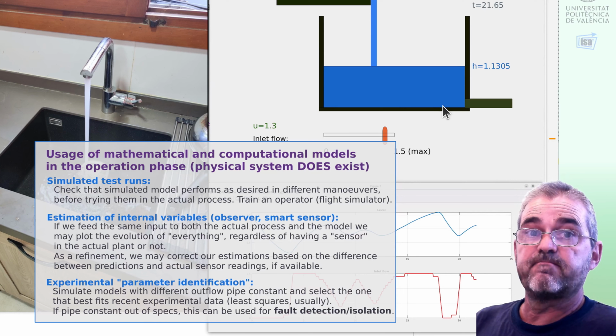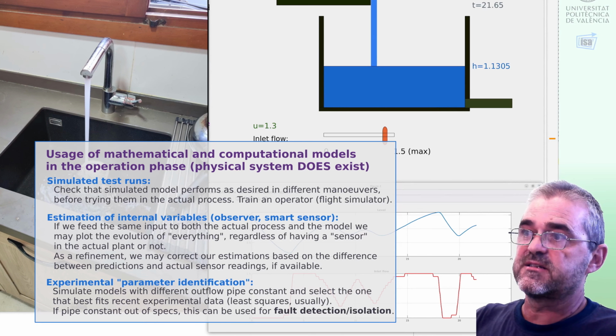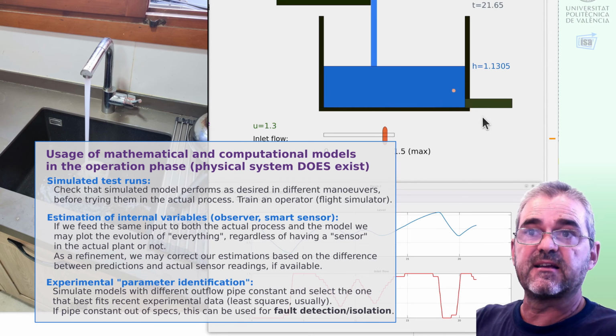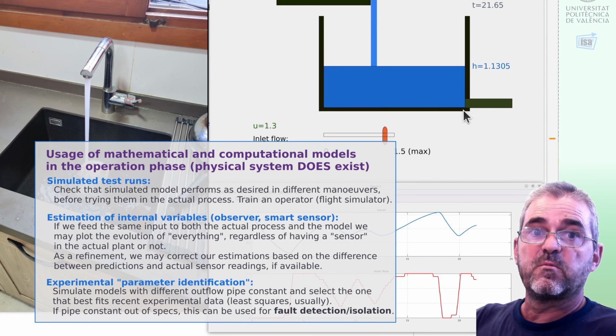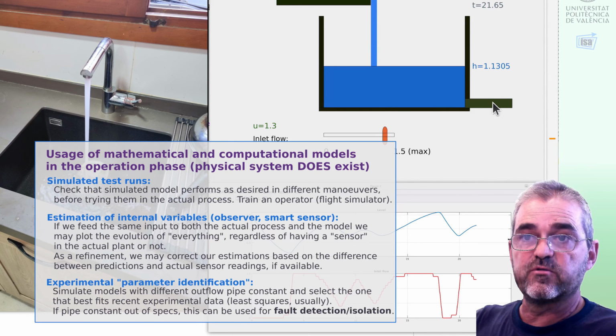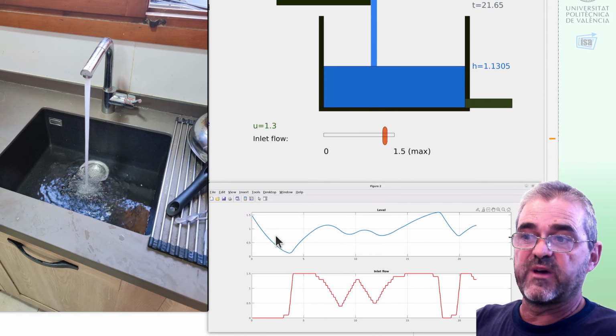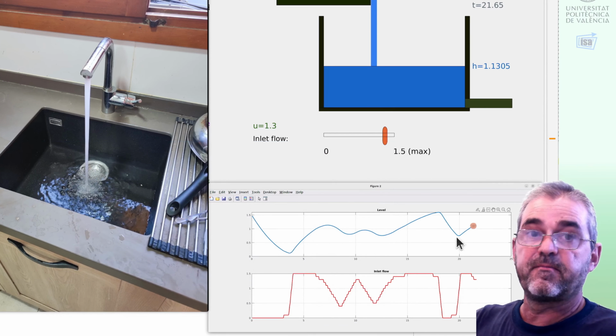Another thing we can do is, say, if we realize that my system is not acting as my simulation, for instance, I can simulate a batch of models with different outflow pipe characteristics in order to see which one best fits my historical readings.